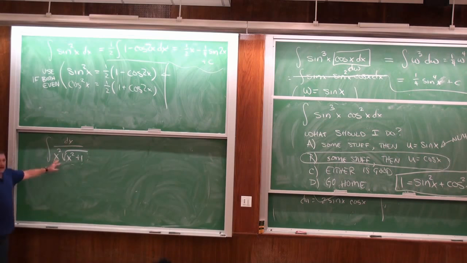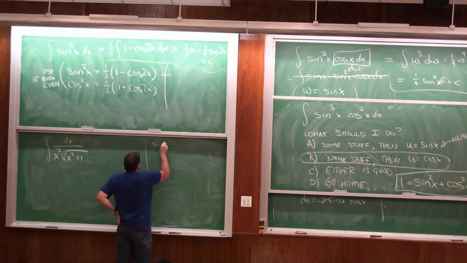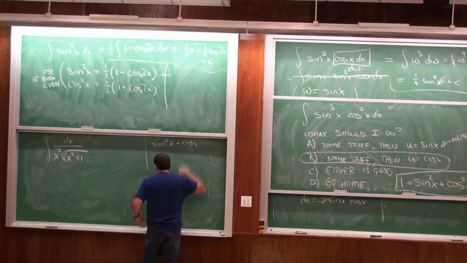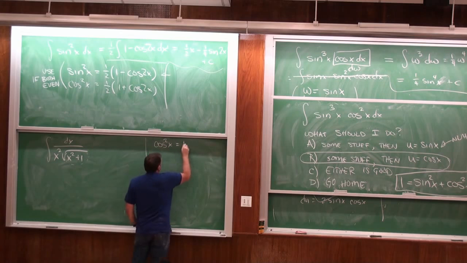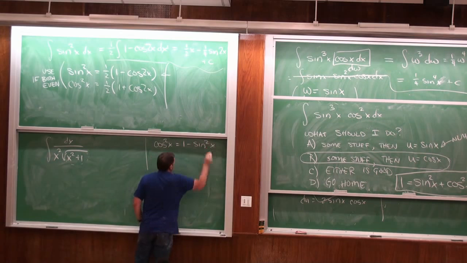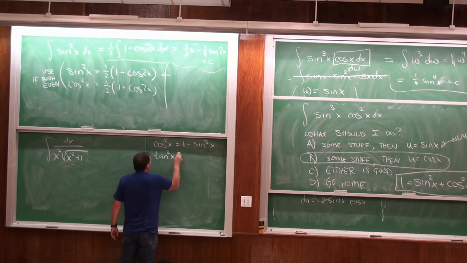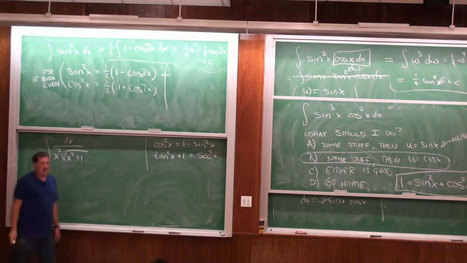So here, I remembered some trig identities. So this guy right here, I remember this guy, which is not useful here. And I remember this guy, and this one is useful here.